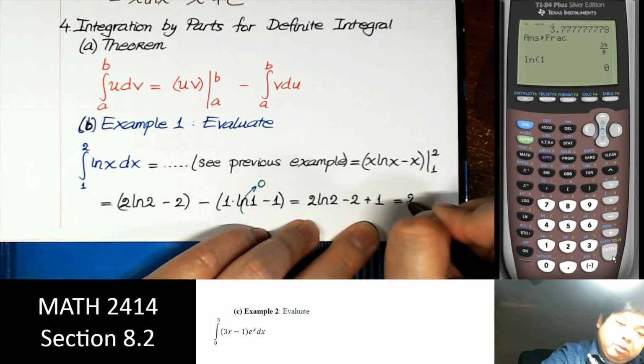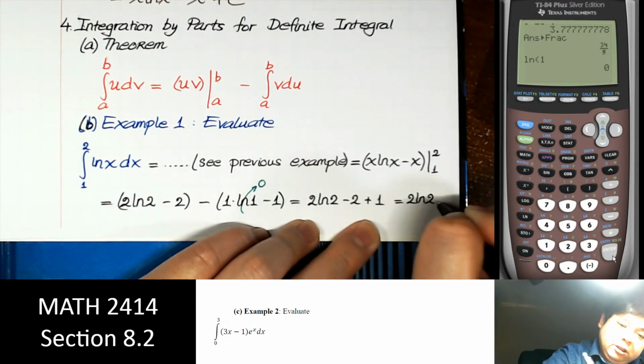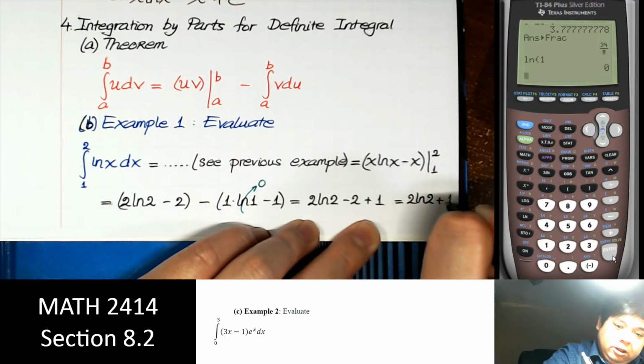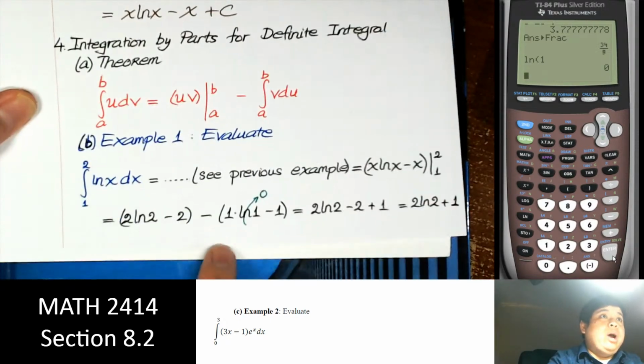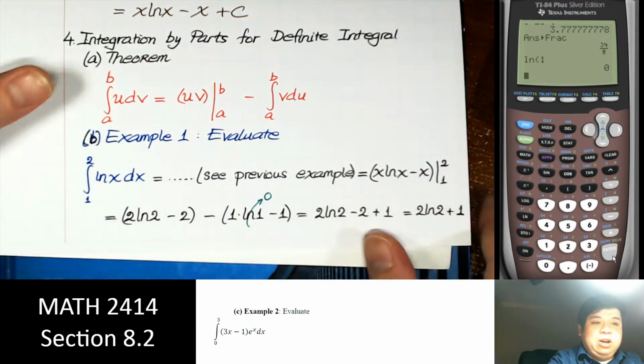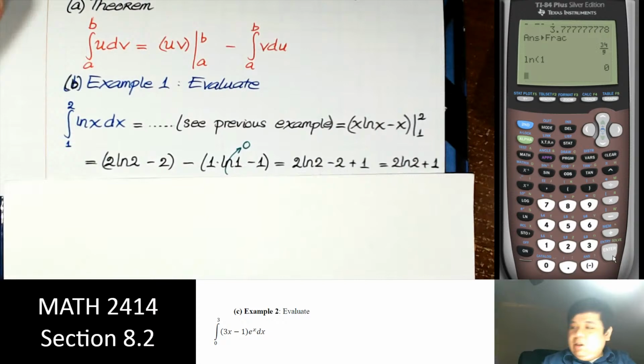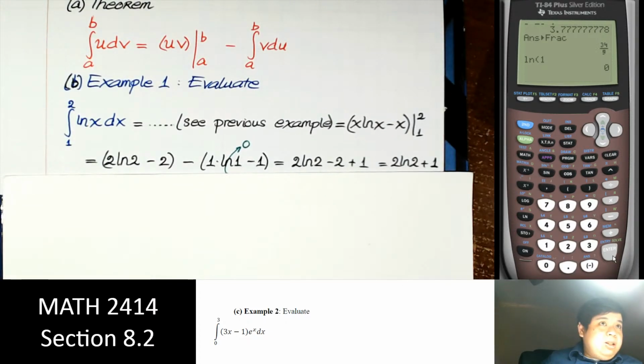So we have 2 ln of 2 plus 1. We just integrate like we normally do in integration by parts, and then instead of a constant c, we have the limits, and then evaluate. So not much difference.